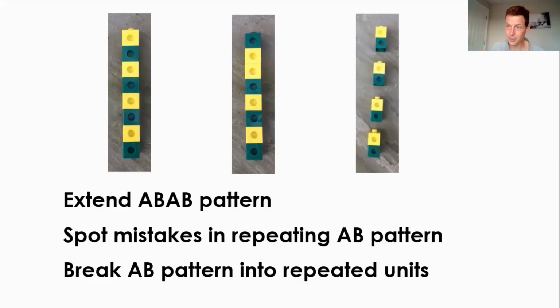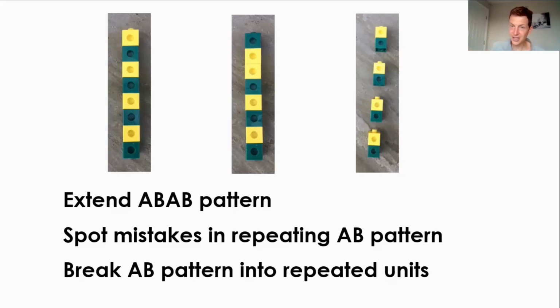So look at that middle example, and could children point out where the mistake is in that pattern? And then crucially, can they split the pattern into its repeated units? So if we've got an A-B, A-B, A-B, A-B, us to be able to break that into the thing that's repeated, and for us to be able to see this is an A-B pattern, or it's a pattern of two items, and that's what's being repeated.